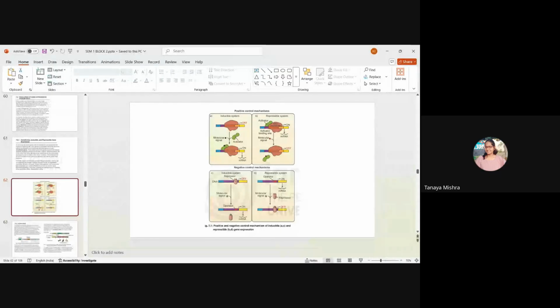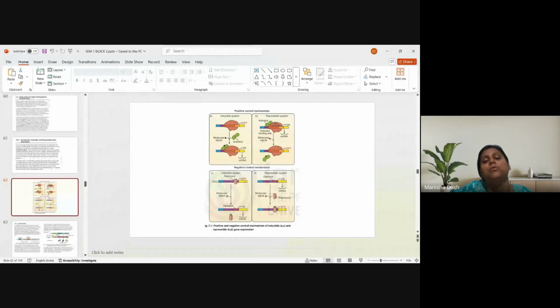So the gene expression can be controlled at the level of DNA? Yes, as I showed you, it can be controlled at the epigenetic level also. If it is methylated or acetylated, then also expression can be regulated. Similarly, there are different stages of gene regulation. One could be epigenetic modification.